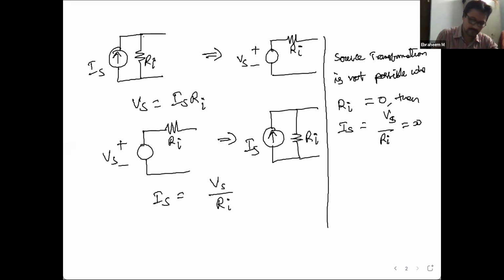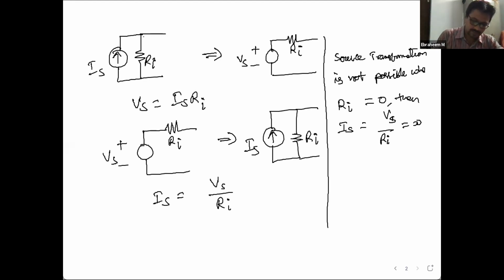That means the voltage source internal resistance must not be 0, so it must not be an ideal voltage source. Source transformation is applicable only to a practical voltage source, which will have some definite internal resistance.